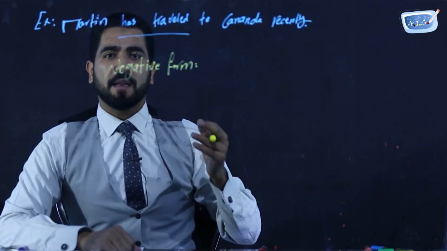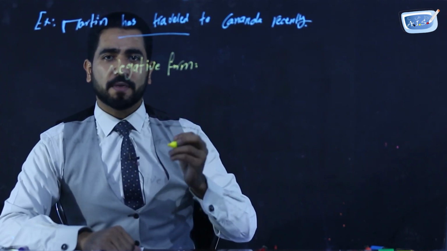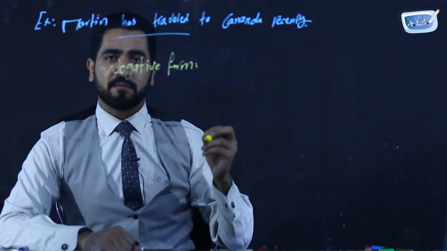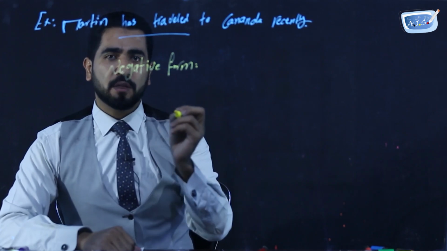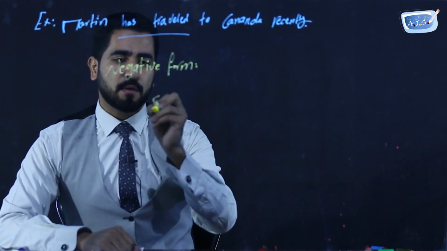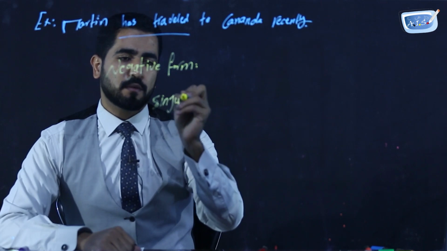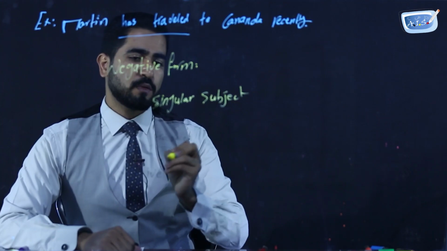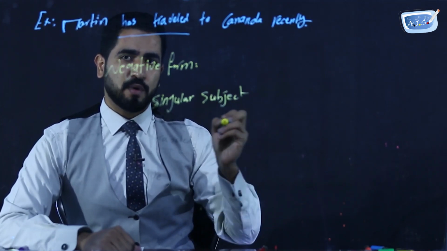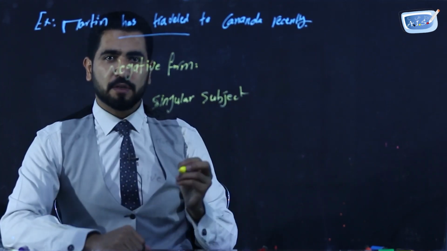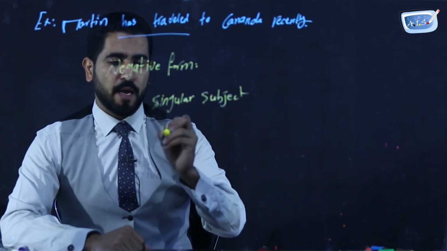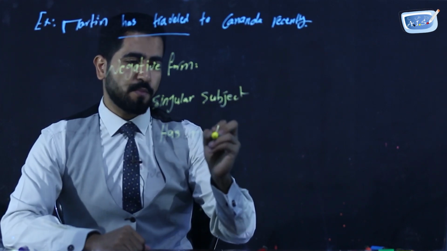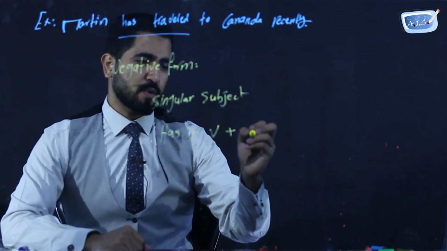We can form the negative of the present perfect by adding not or an apostrophe to have and has. So with the singular subject, we just attach not to have and has.